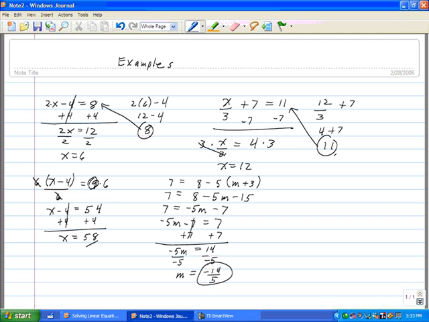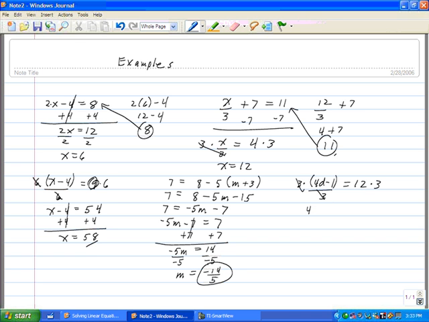If we wanted to look at 4d minus 1 all over 3 equaling 12. Again, remember, you need to put parentheses around those numerators. We're going to multiply to get rid of fractions. Multiply both sides by 3.